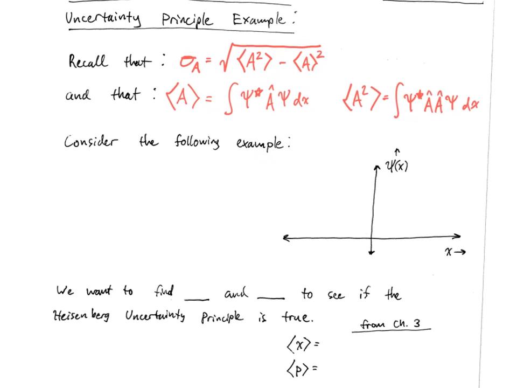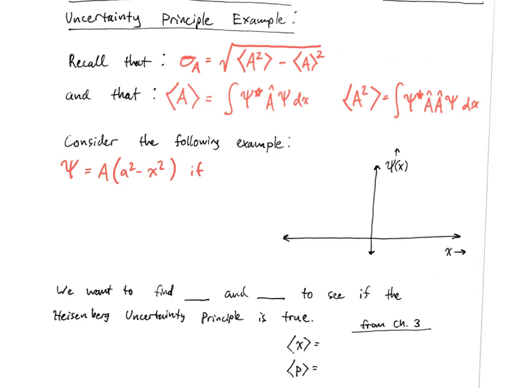Okay, so the example that we're going to consider, or at least verify the Heisenberg uncertainty principle with, is an example from chapter 3 where the wave function is equal to some normalization constant A times little a squared minus x squared.